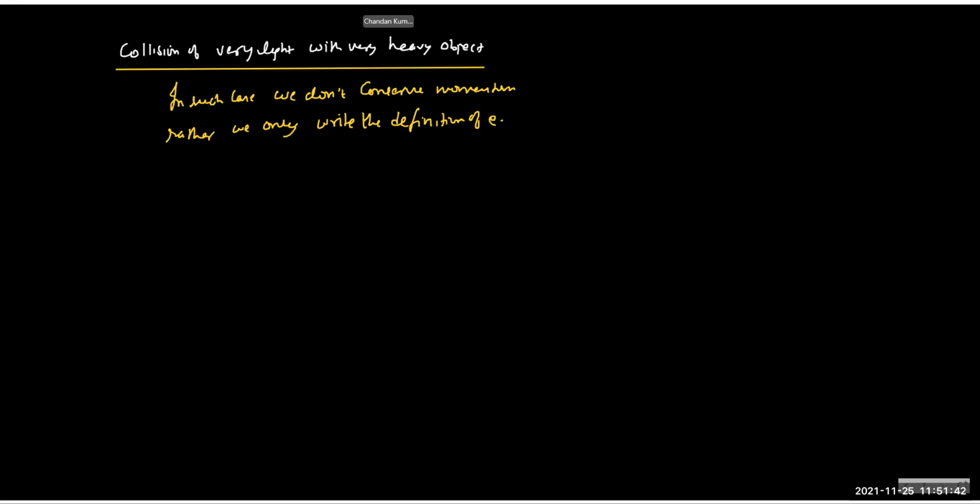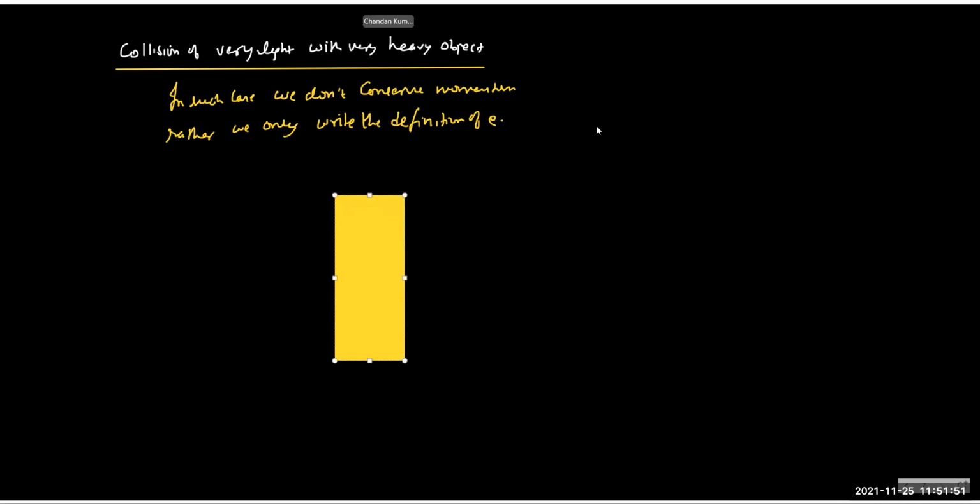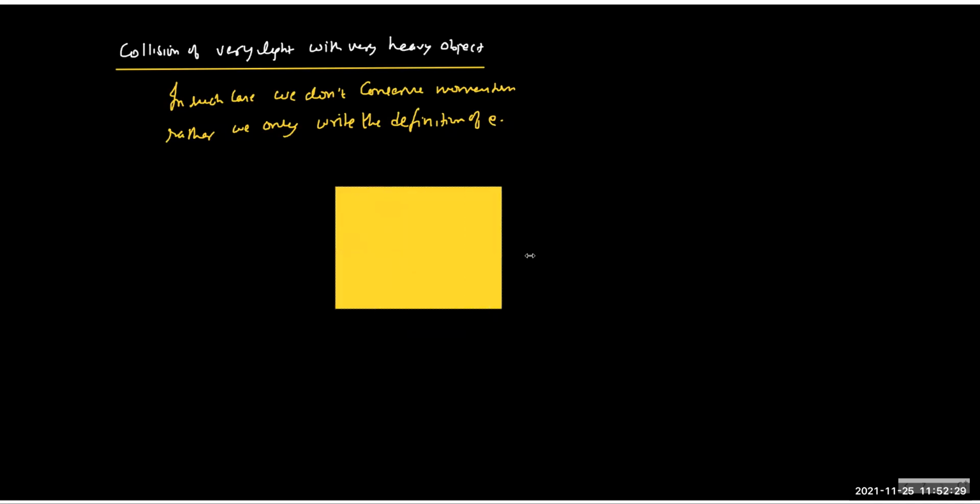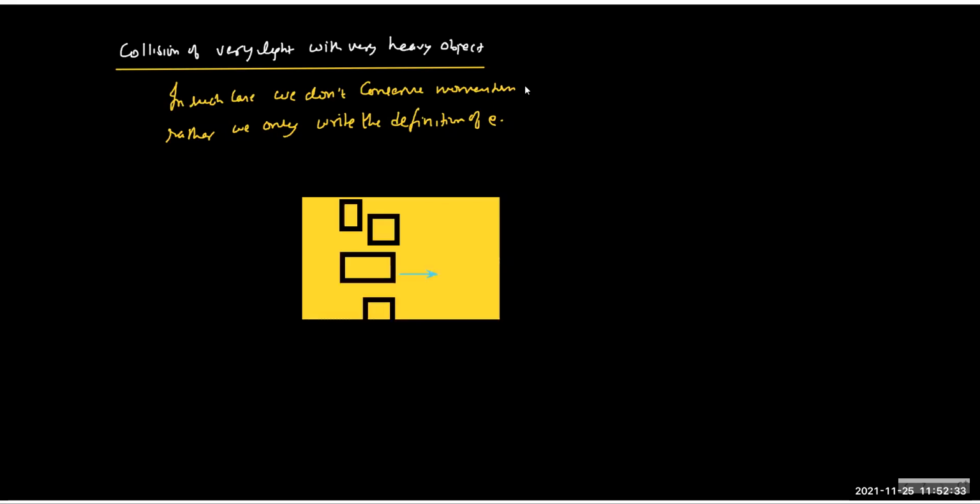So let's say there is a wall. Okay, so this is a wall. And now imagine this wall is translating with a speed v. So this may be the example of a truck. You can think of a truck, and in fact, I can create a truck only, that will be better visualization. So let's create a fancy truck, a truck with all decoration.